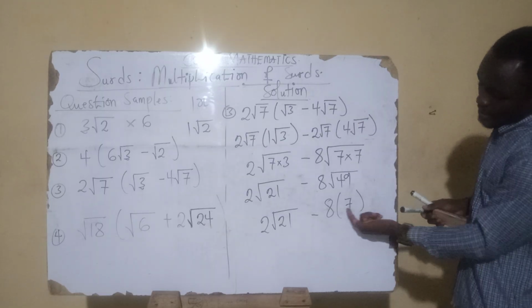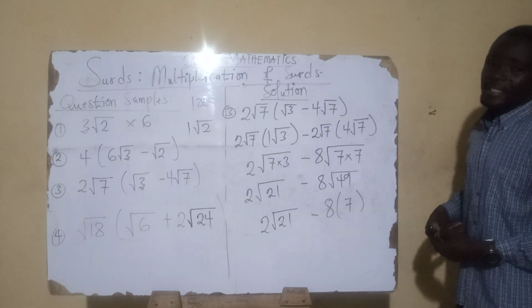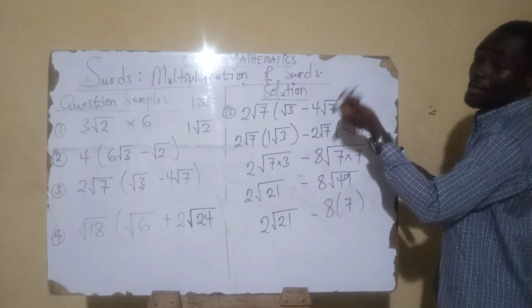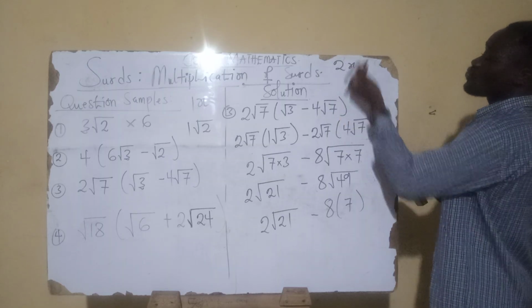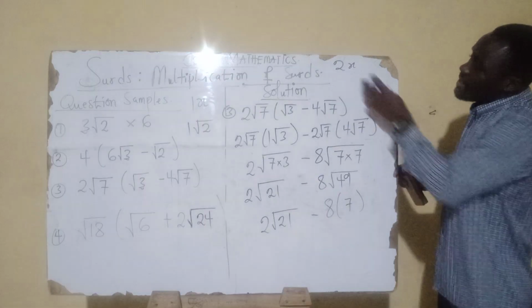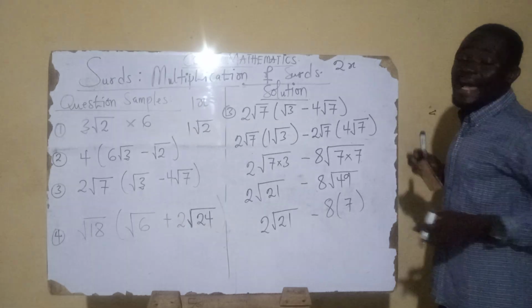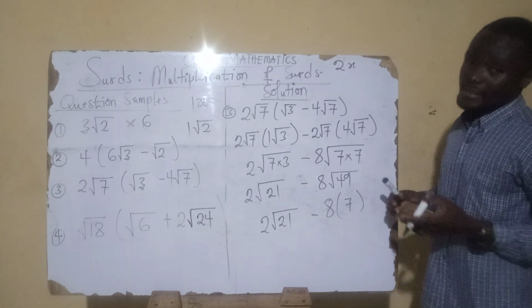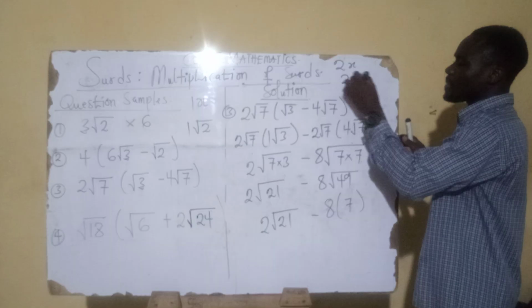Now, why do I still have this in a bracket? Have it in mind that in algebra, when you have this 2x, this means that the 2 and the x are in product terms. Are you with me? So this is the same as 2 times x.